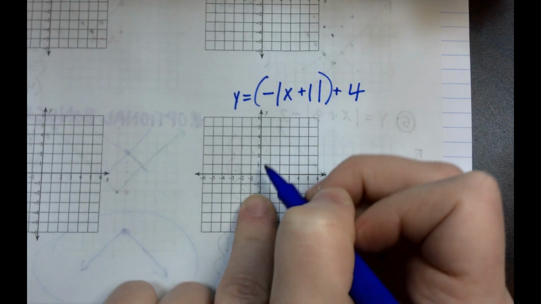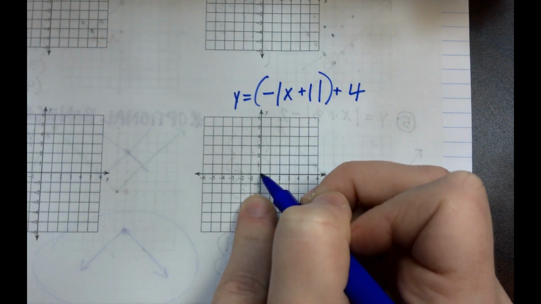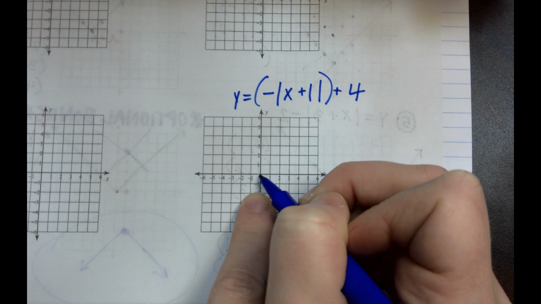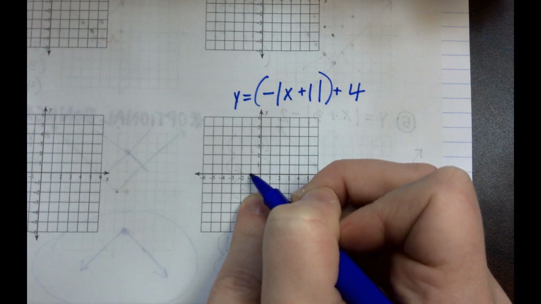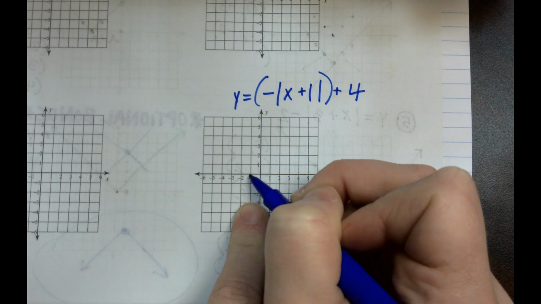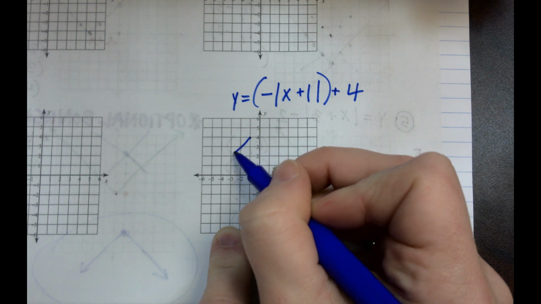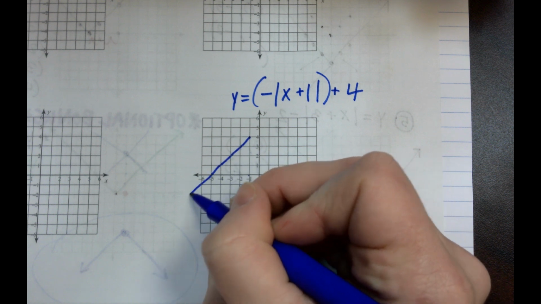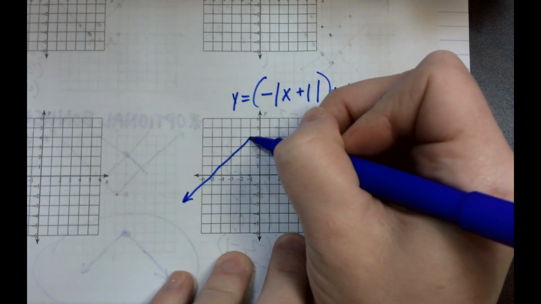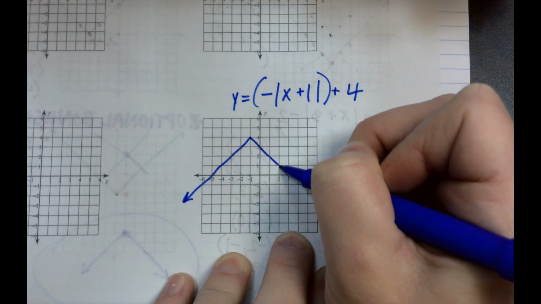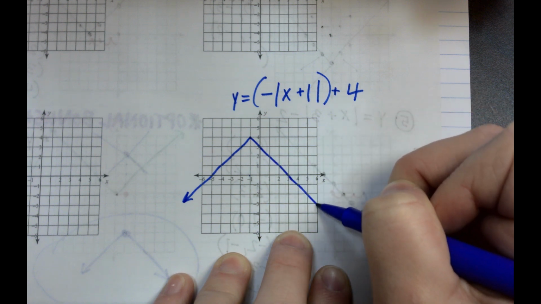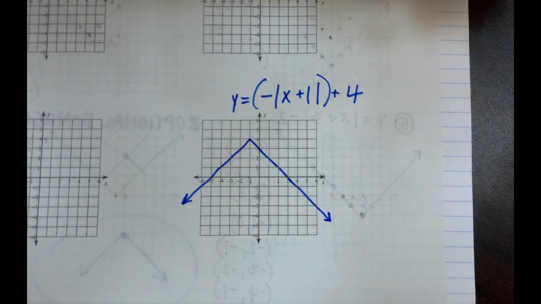So here's the original point. We went to the left one, and then we flipped it upside down because of the negative, and then we went up 1, 2, 3, 4. So this would be our graph.